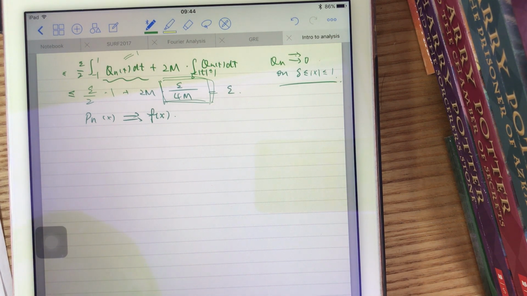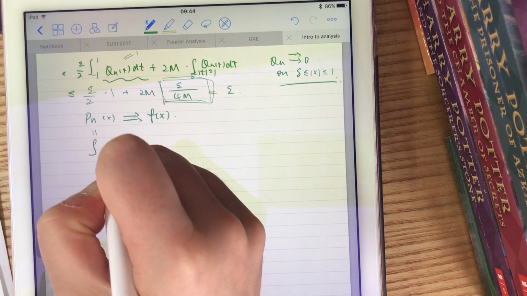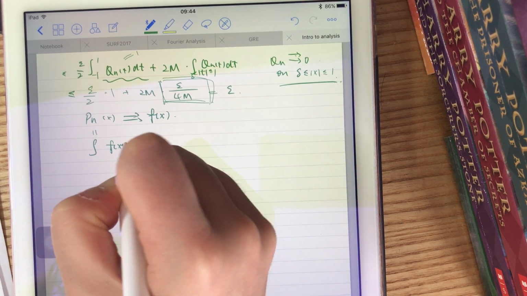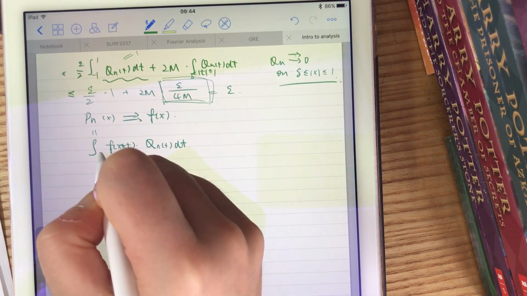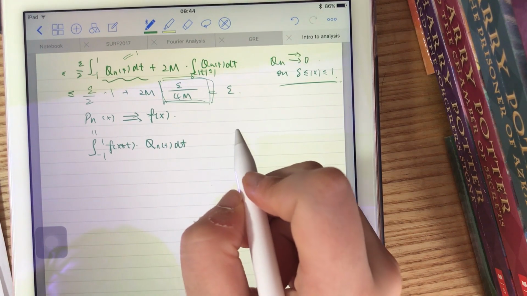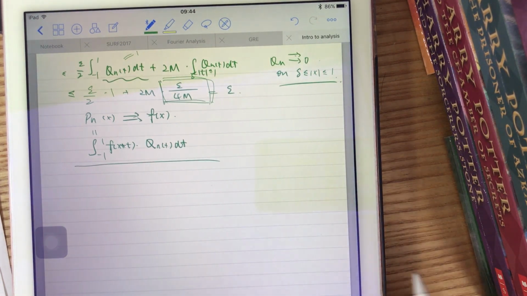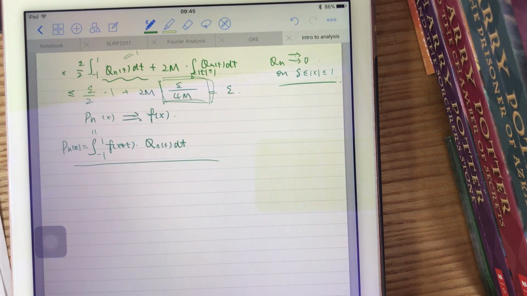Okay, so we're done. We proved that there exists a polynomial Pn of the form, the integral from -1 to 1 of f(x plus t) times qn(t) dt. Such a sequence of polynomials will converge uniformly to the function f(x).